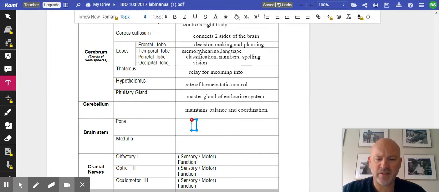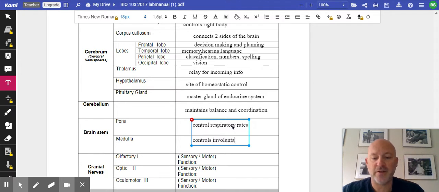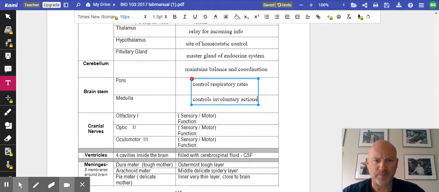What the pons does is it helps to control respiratory rates. Medulla controls involuntary actions of the body. So all those things that are out of your control: digestion, blood pressure, things like that.